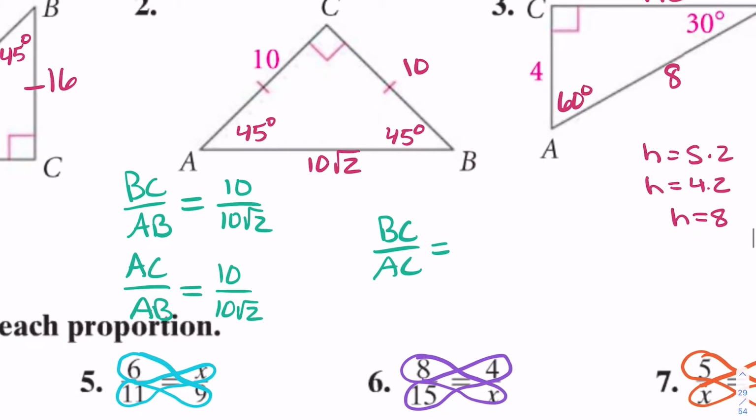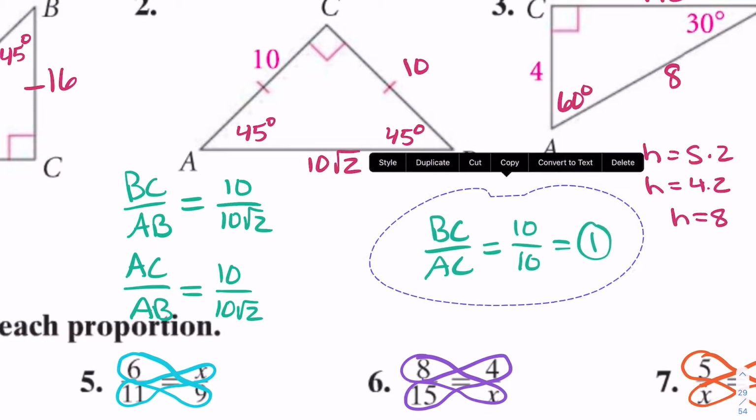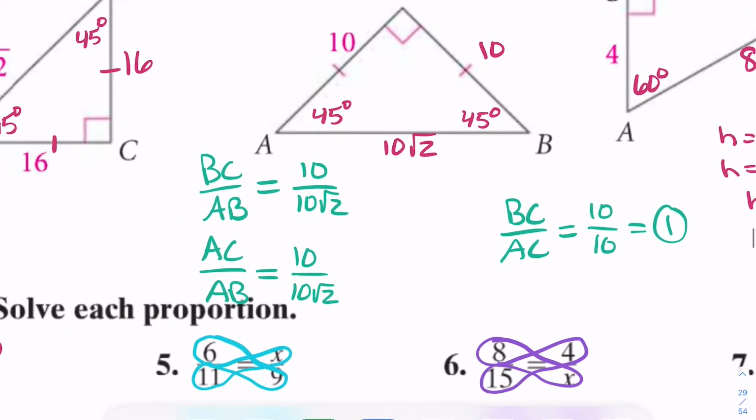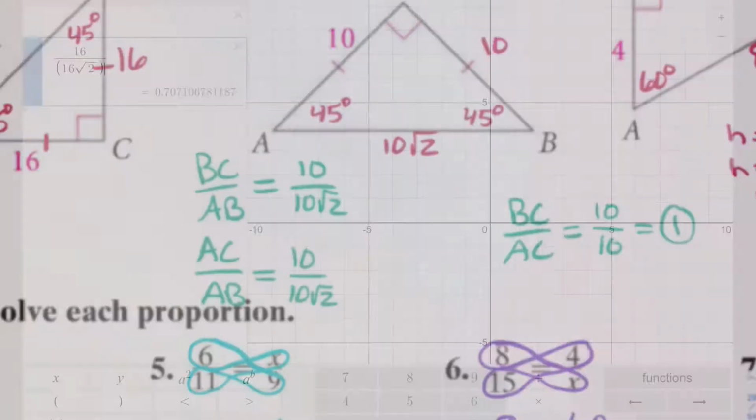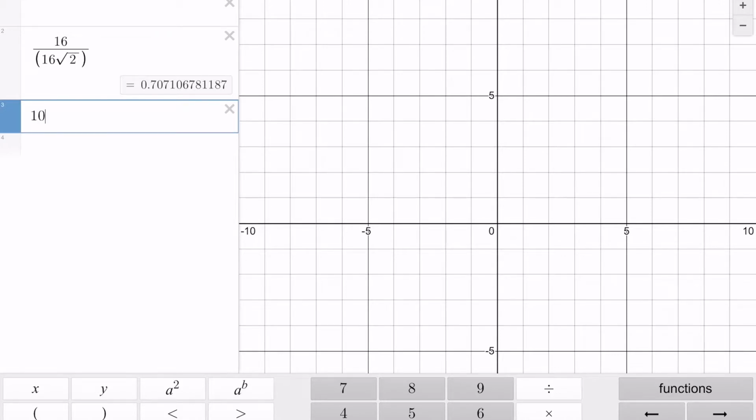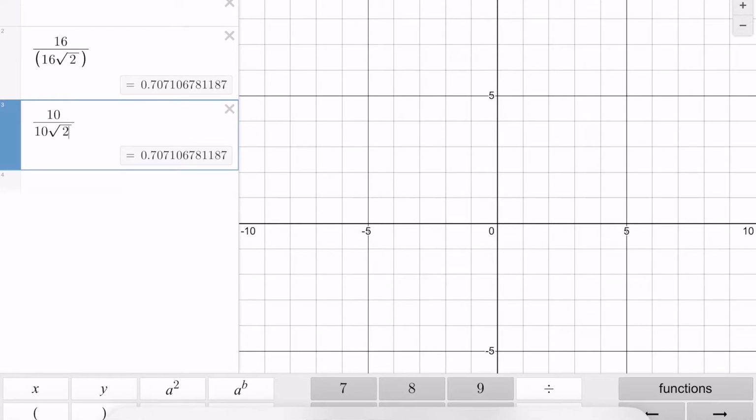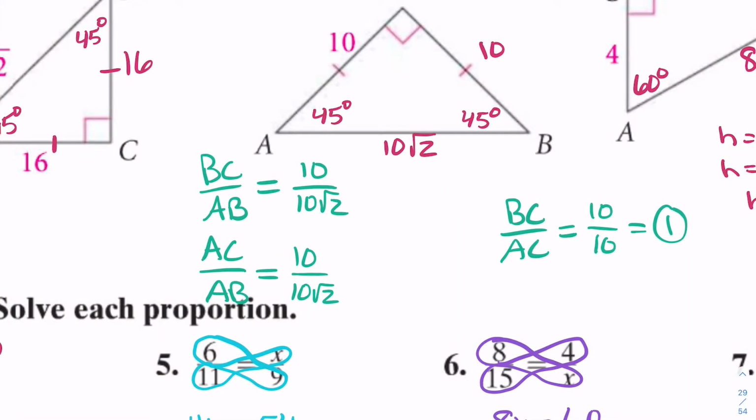And then we have BC over AC, which is 10 over 10, which is 1. So that one was easy. And now these are 10 over 10 square roots of 2 each. Oh, it's the same thing, 0.71.